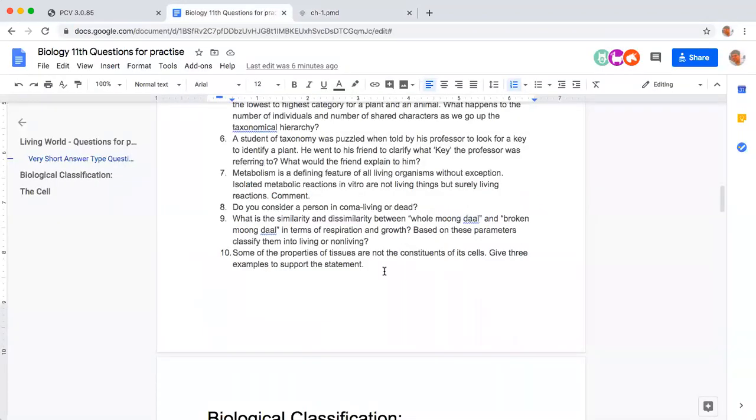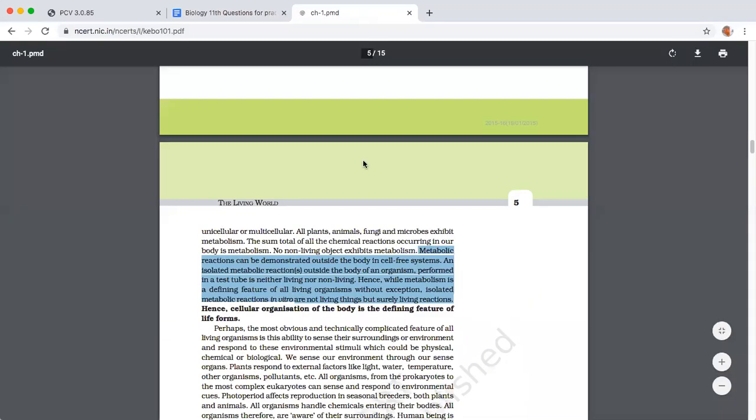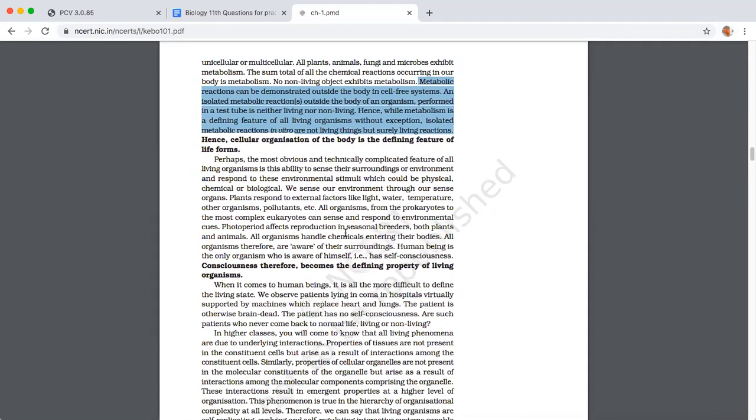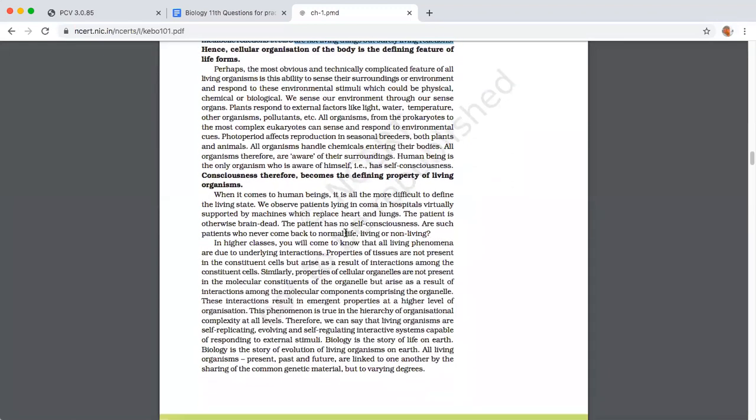Okay, moving on further. Do you consider a living person living in a coma, living or dead? I think it is discussed directly in the textbook.